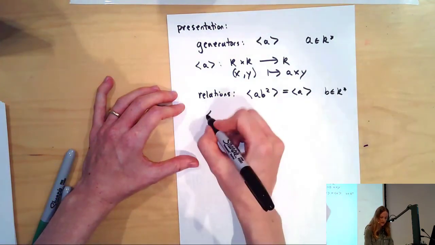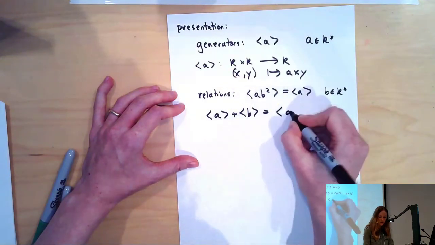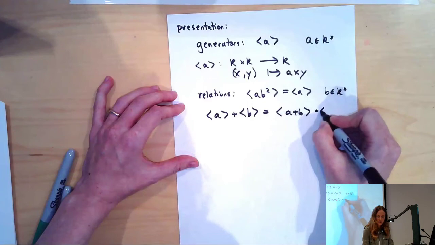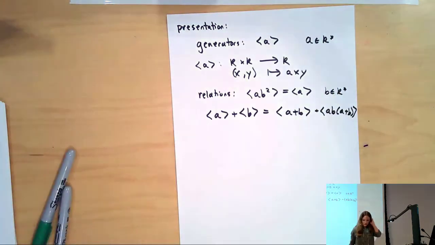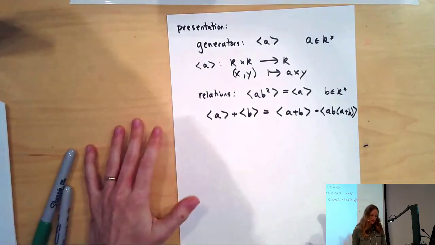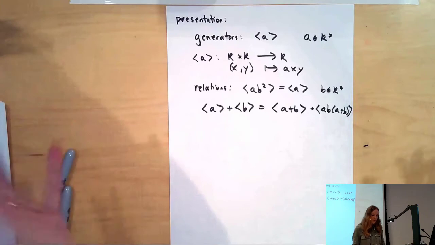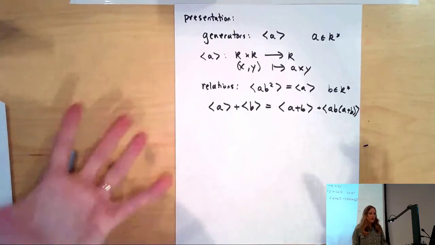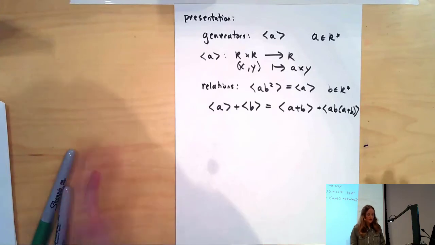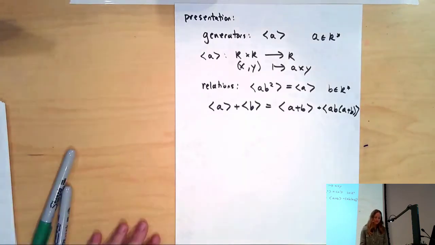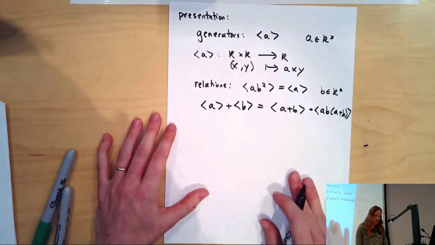And there's one other relation, which says that a plus b is equal to a plus b plus ab, a plus b. So it has a simple presentation, and there are also books written about computations for local fields, for global fields, for finite fields, for function fields.